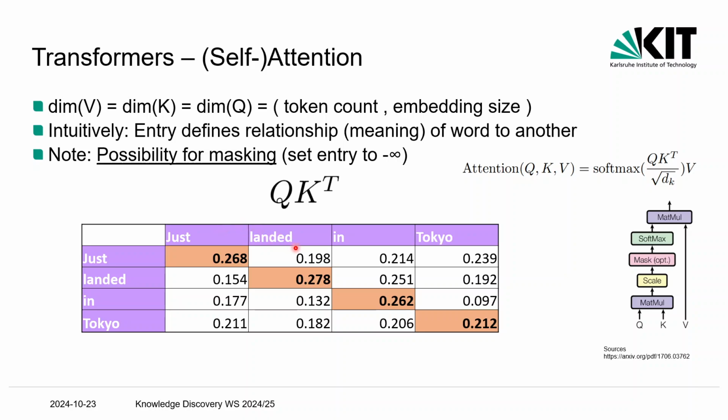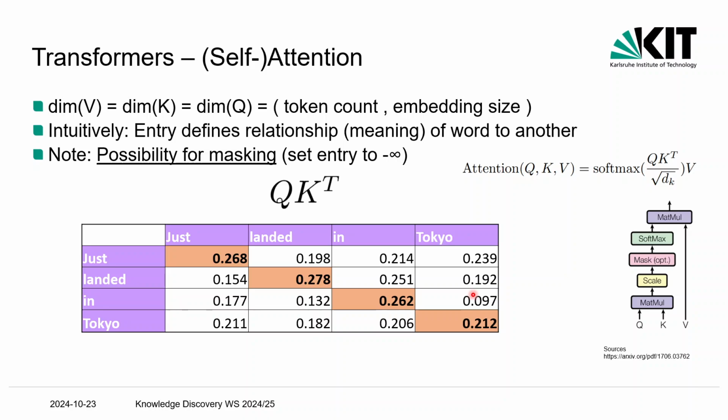So here, the landed aspect would be -infinity to all of these 6 entries. That way, we would only allow the context to take into account what has already happened, what has already been seen, which can be what you want in sequence-to-sequence translation, for instance, as was done in this paper initially.